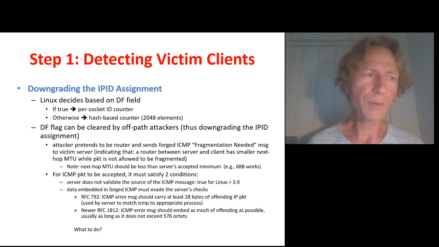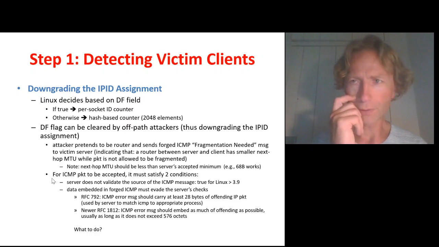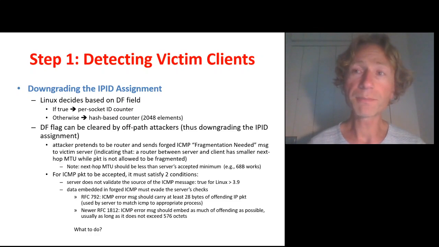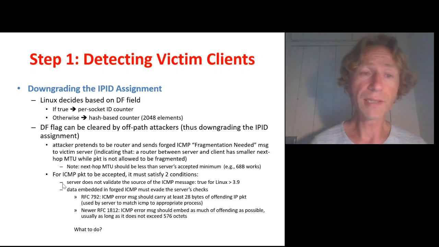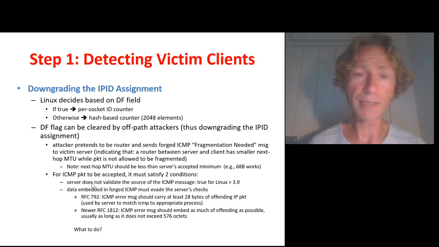Well, it's not so easy, unfortunately, for the attacker, because you need to get that ICMP packet to be accepted, and for that you actually need some content that makes sense. So even though the server doesn't validate the source of the ICMP message, it must have the right sort of data. So the data embedded in the forged ICMP packet must evade two checks. Okay, so according to RFC 792, the error message should contain at least 28 bytes of the offending packet.